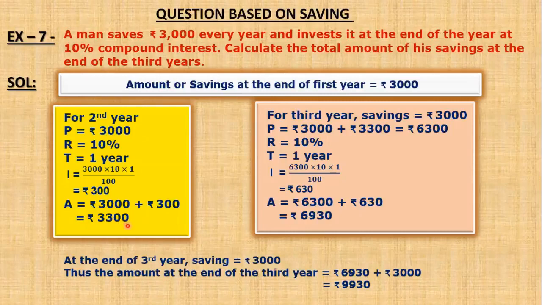Now again, at the end of the second year, he is investing 3,000 rupees. So for the third year, his saving is rupees 3,000. So the principal for the third year will become rupees 3,000, his saving, plus rupees 3,300, which was the amount of the second year.